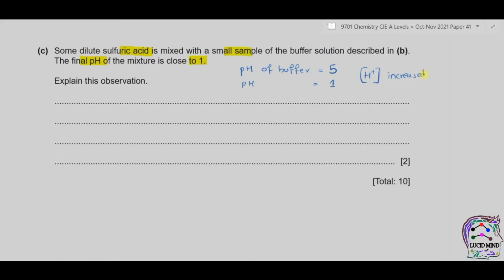Now from another angle, we can also see that propanoic acid is CH3CH2COOH, and it is dissociated into propanoate ions and H⁺ ions. Now when sulfuric acid is added, the concentration of H⁺ ions increases. When the concentration of H⁺ ions increases, the equilibrium shifts in the backward direction according to Le Chatelier's principle. So the concentration of propanoate ions will decrease.